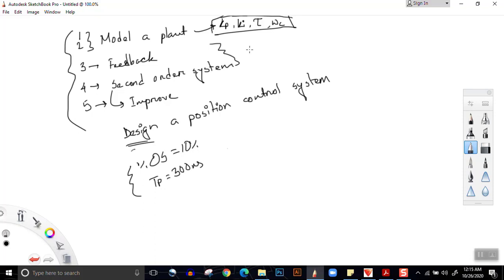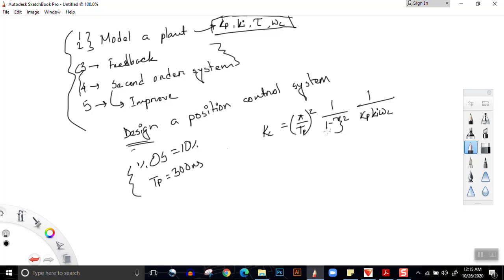Experiment 3 told us if we increase the controller gain, then the error will be less. So these are the basic theories that we learned from experiments 3 and 4. Then in experiment 5, we have a formula. The formula says that Kc is equal to pi by Tp square, 1 by 1 minus zeta square, 1 by Kp Ki omega c.